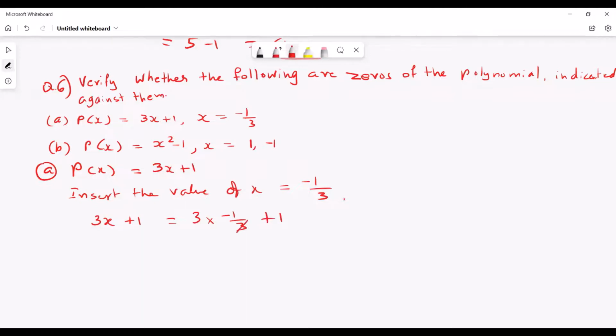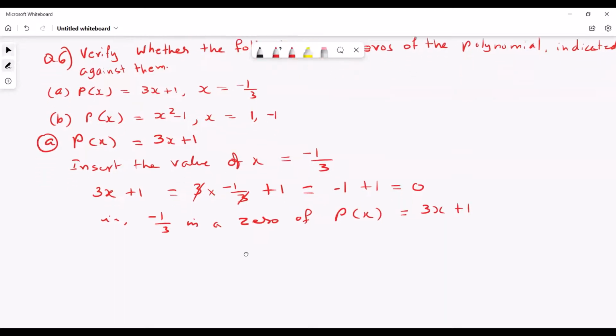So 3 and 3 will get cancelled. So this will become minus 1 plus 1. Yes, we are getting 0. This means that minus 1 by 3 is a zero of the polynomial, that is, minus 1 by 3 is a zero of p of x equal to 3x plus 1.